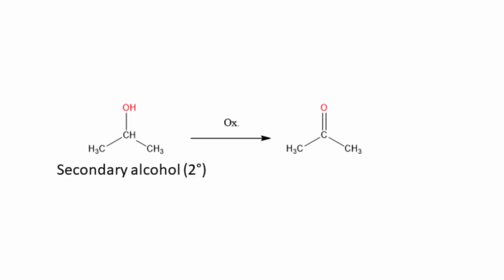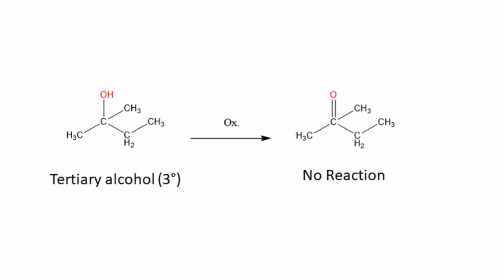Secondary alcohols can get oxidized to ketones. You can notice that the CH and the OH become just a C double bond O. In a tertiary alcohol, there's no reaction possible because upon oxidation, you will see that carbon has 5 bonds over there. And since that's impossible, in normal organic chemistry, we say no reaction.